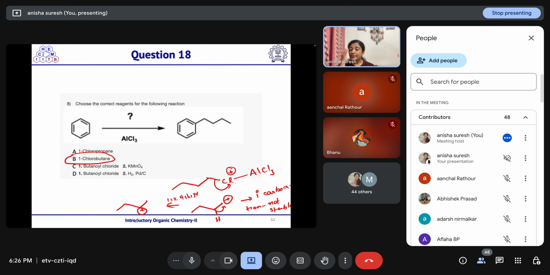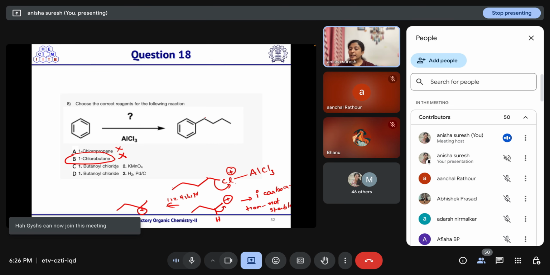So here there are chances for formation of multiple products, and whatever results from this primary carbocation will be the minor product. So this cannot be the product, and anyway 1-chloropropane can be ruled out since there are 1, 2, 3, 4 carbons.